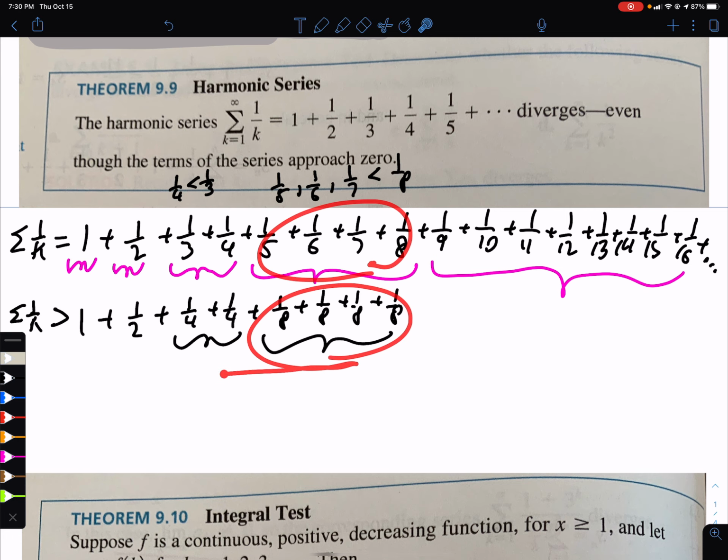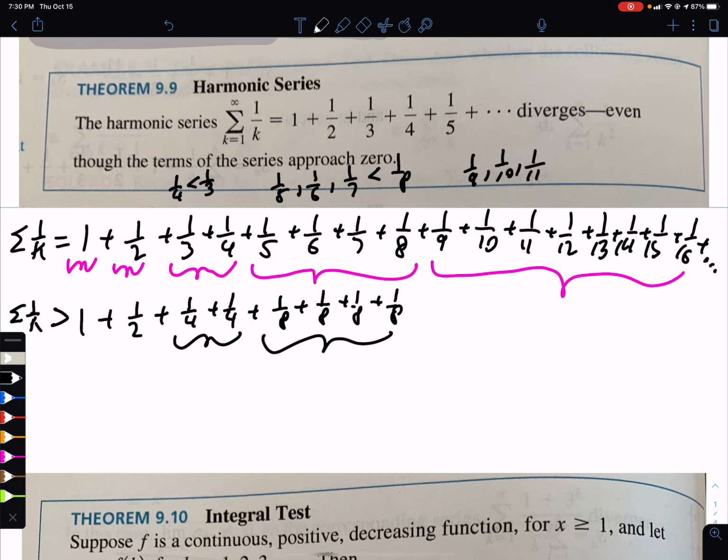So making all of this even smaller, if that is even the proper English. And then I claim all these numbers, 1/9, 1/10, 1/11, all the way to 1/15, all of those are smaller than 1/16.